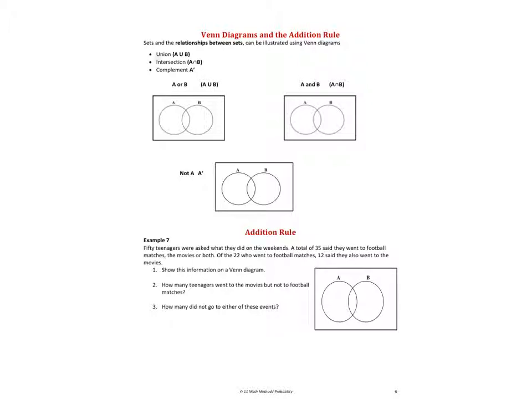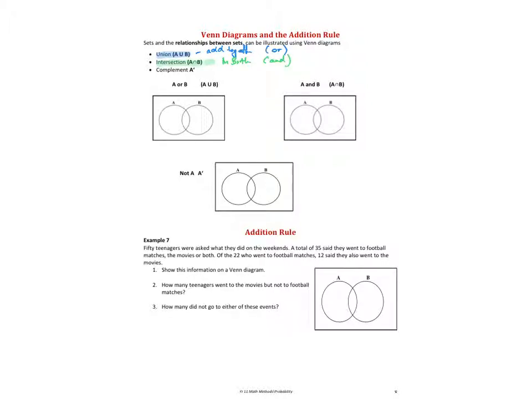The union of any two sets is what we sort of add together, and often we talk about A union B as being A or B. The intersection is what's common to both. It's got to be in both, and we talk about A intersection B, or A and B.